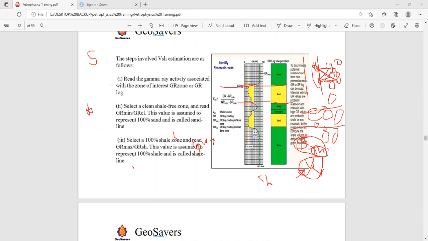You may have a situation where you have a sharp increase here and it goes back down, and so on. So what you may have identified as your reservoir interval is not purely reservoir. That means you have some intercalation of shales there.